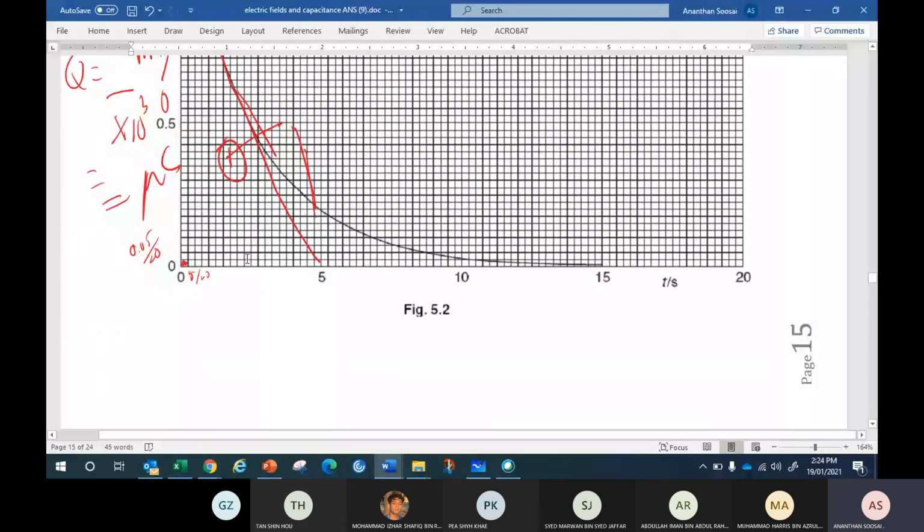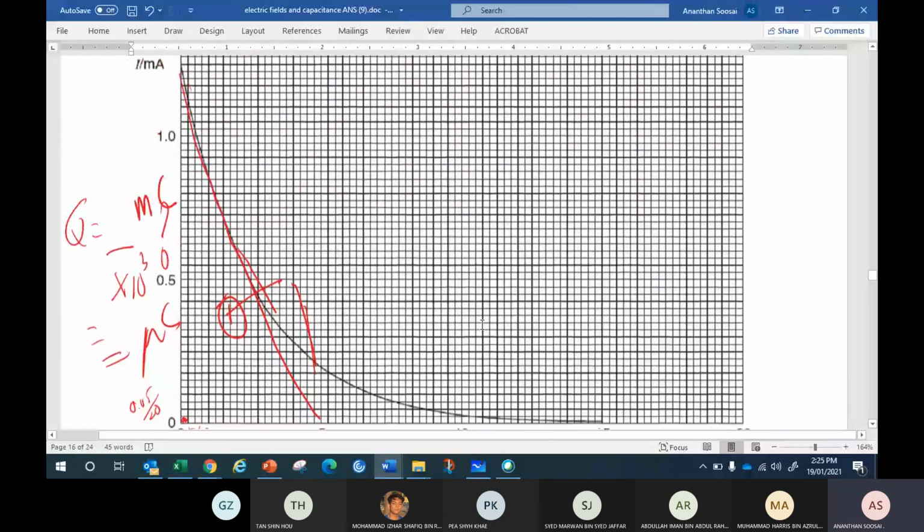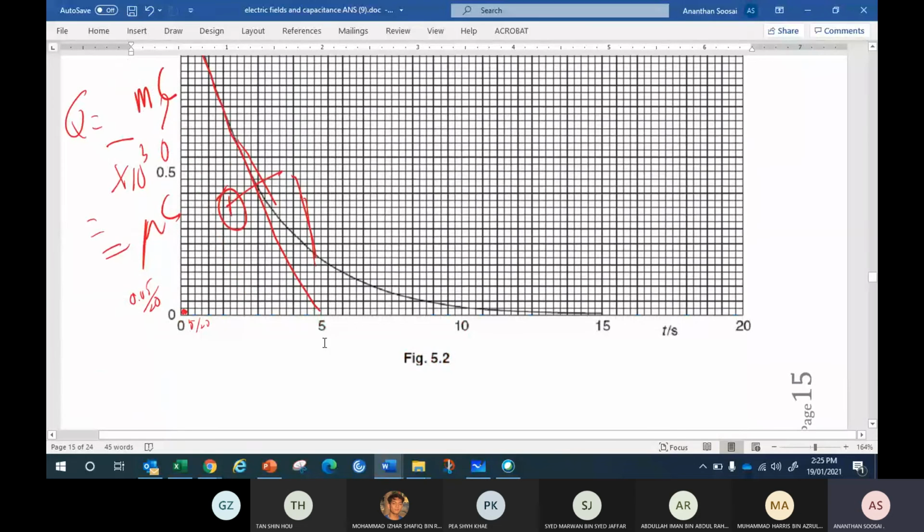So this is the idea you should have when you read this question. You must find the area under the graph. You can draw a straight line to make a triangle, so the big portion we can calculate using the triangle area, easy. The remaining part we can't make into one shape, so we just count manually.